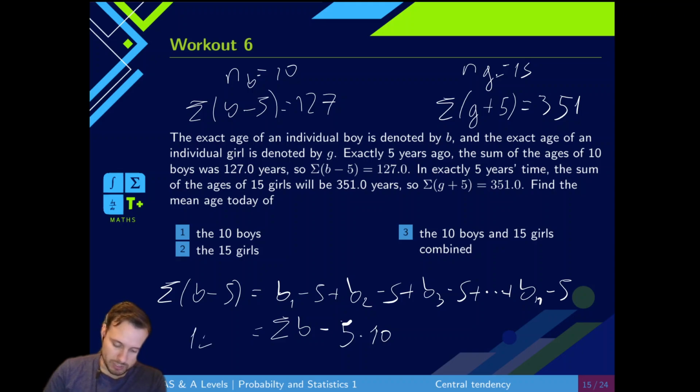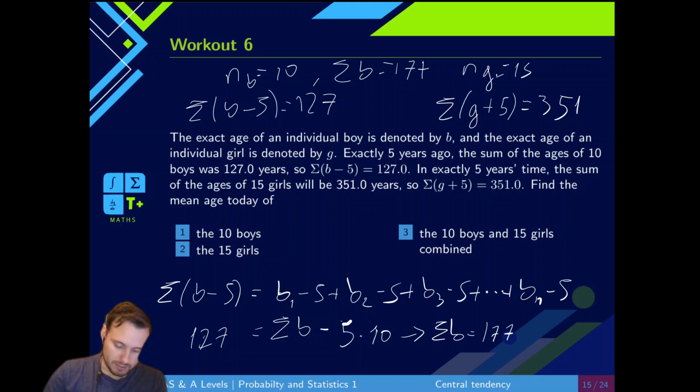This is 127. So from here, we can get the sum of the boys, because the sum of the boys minus 50 is going to be equal to 127. So from there, we can solve that the sum of the ages of the boys is 177. Now, I'm going to write this down over here. The sum of the boys is 177.